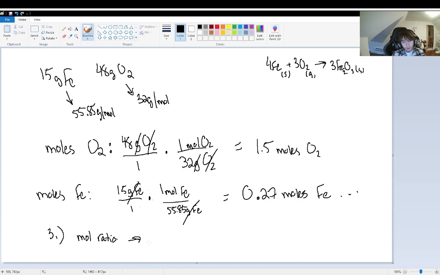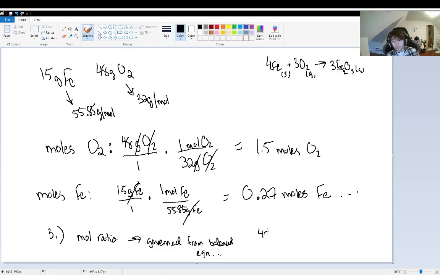And this is governed by the balanced equation. If my balanced equation is wrong, this step might be wrong, and this is why it's important to balance your equation.